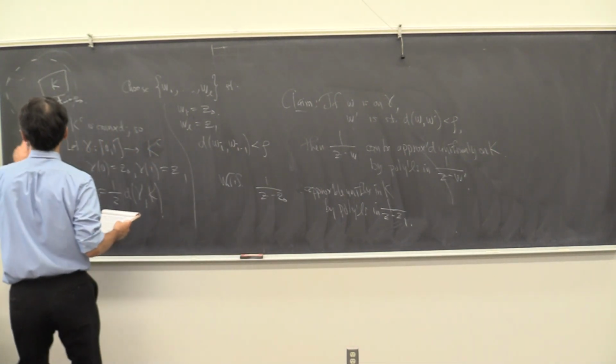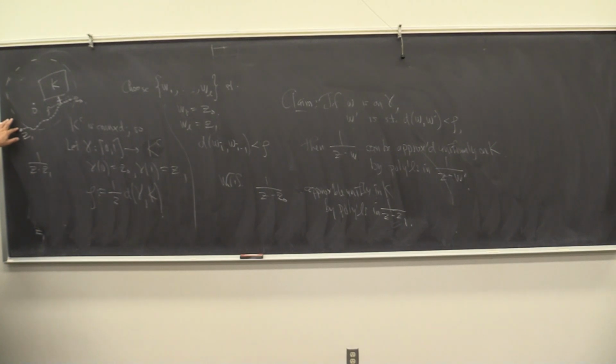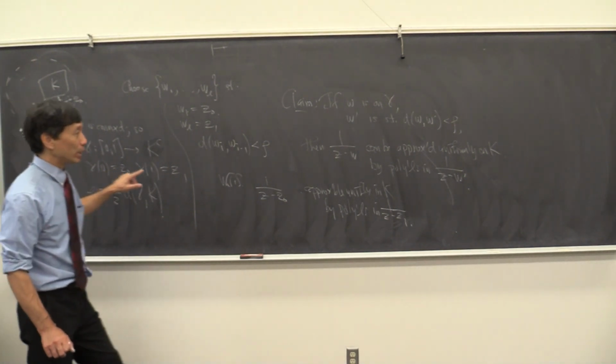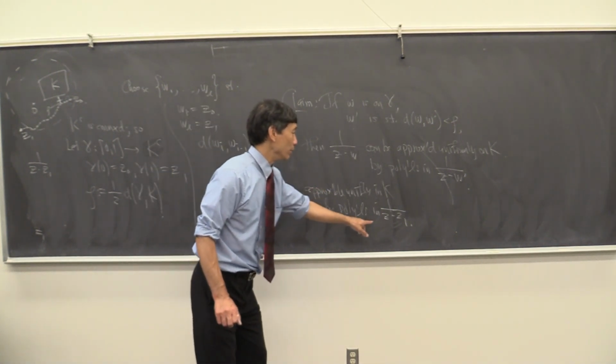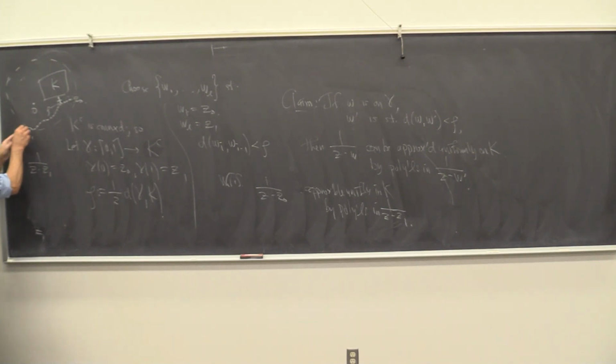We had that things of this form could be approximated by polynomials uniformly out here. And so what we're doing is we're saying that we can shift that pole over, and anything of this form can be approximated uniformly by polynomials in 1 over Z minus the next guy.